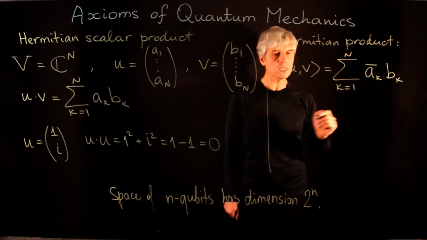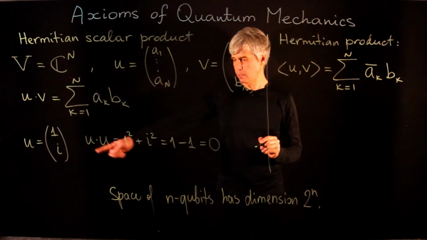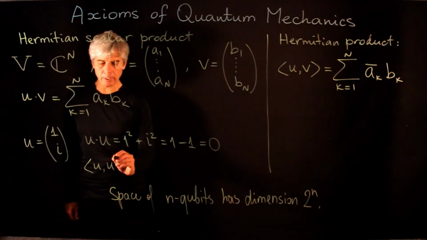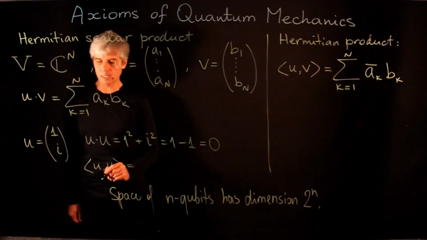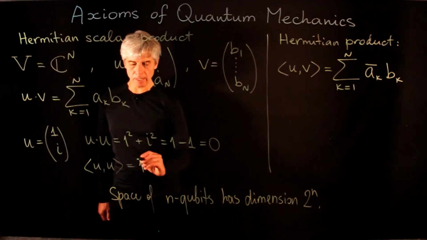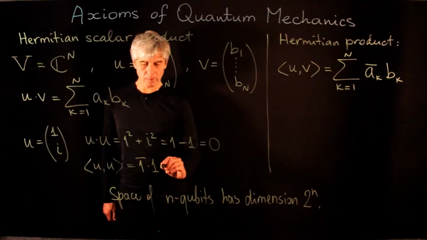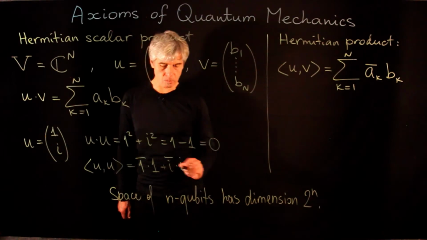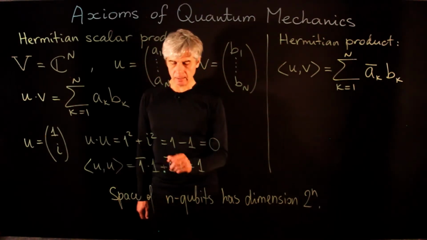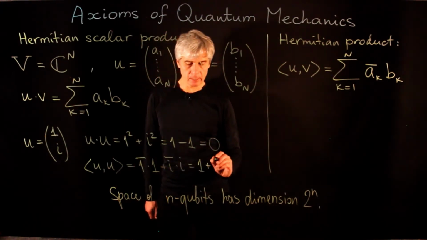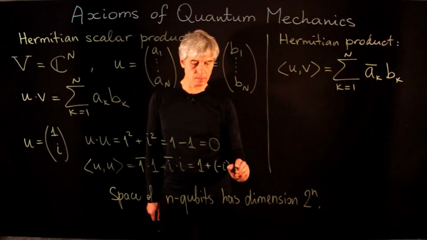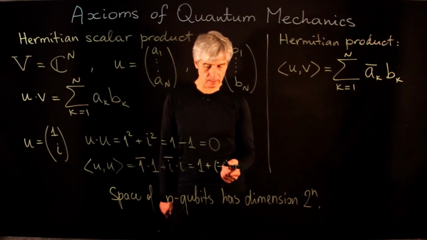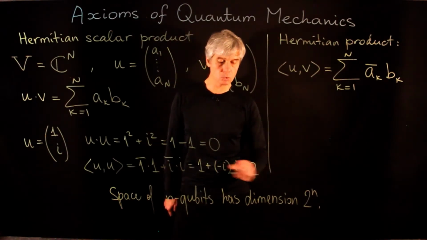So if we do this, then in this example, the Hermitian product of this vector with itself will be 1 bar times 1 plus i bar times i. And so this is 1, and i bar is negative i, times i. And negative i times i is equal to plus 1. So what we get is 2.